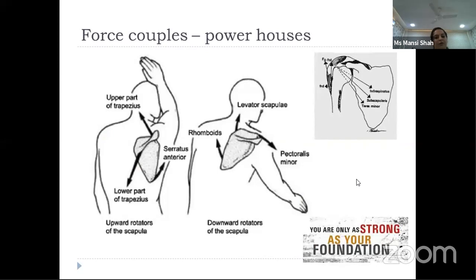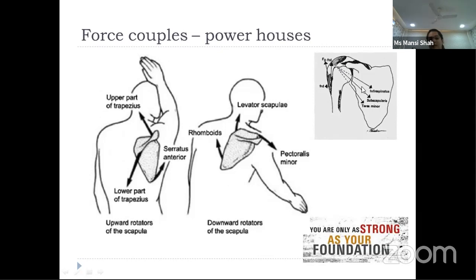Talking of the force couples, or rather the powerhouses, I as a physiotherapist would say that if we are able to help you with optimizing the force couples, our job is well done. Over here, as you may see on the screen, the deltoid has a superior translatory force as well as a rotational component, but the superior translatory force of the deltoid is way stronger than the rotatory component.